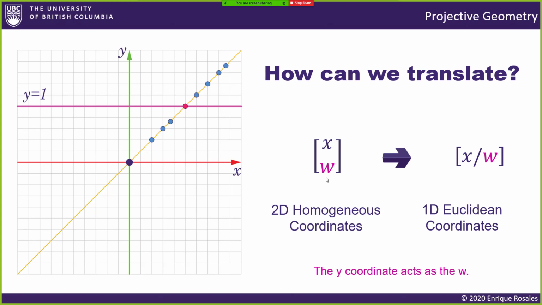And we call that dimension w. In this case, the y information acts as the w, and the way you translate from one coordinate frame to the other is by taking the x value divided by w.